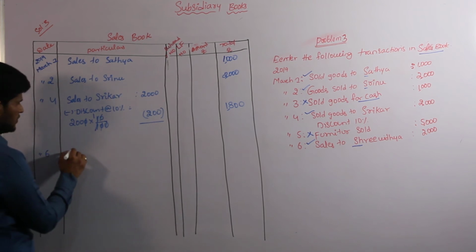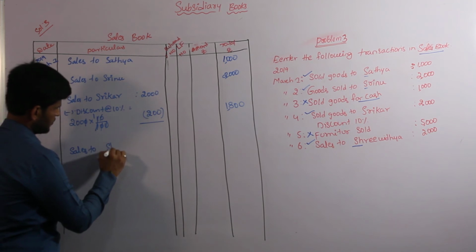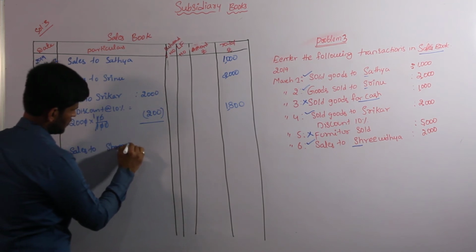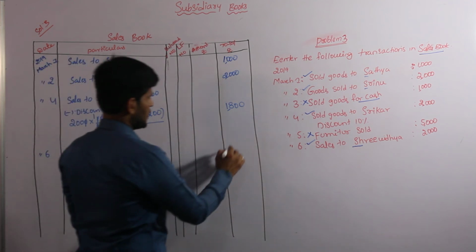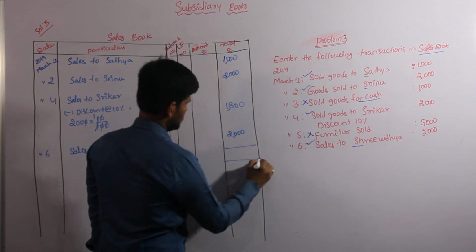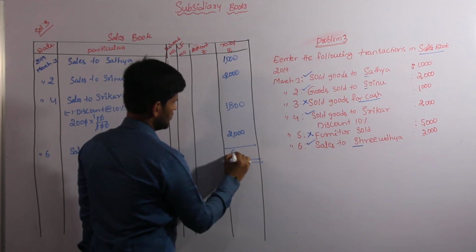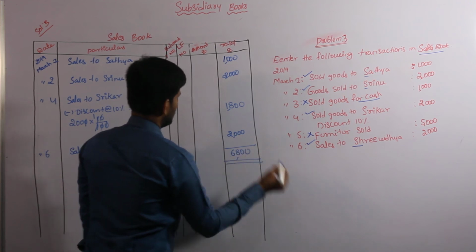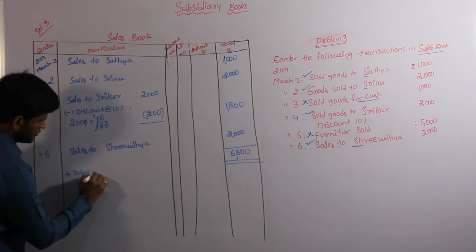Day on 6th, sales to Sri Vidya. There is no subtraction, direct value 2000, and total the values: 1000, 2000, 1800, 2000, total 6800.